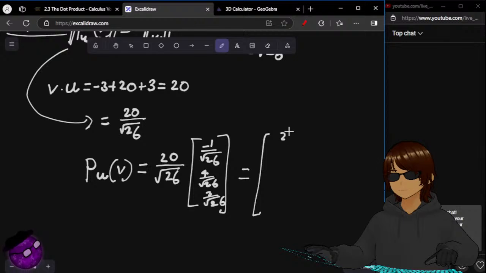Which gives us 20 over 26, and then 80 over 26, then 60 over 26.